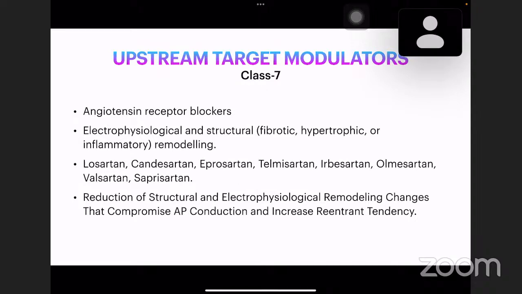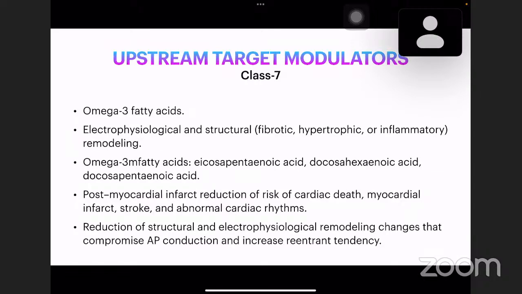Coming to the second subclass, angiotensin receptor blockers, ARBs. These also act the same as ACE inhibitors, and the drugs, as you know, are telmisartan, losartan, olmesartan, valsartan, and saprisartan.